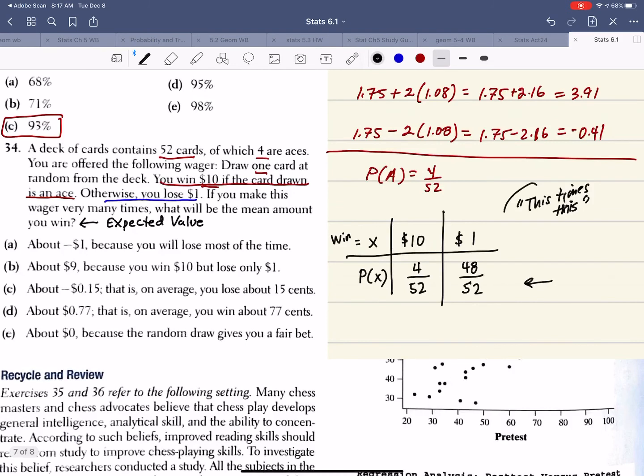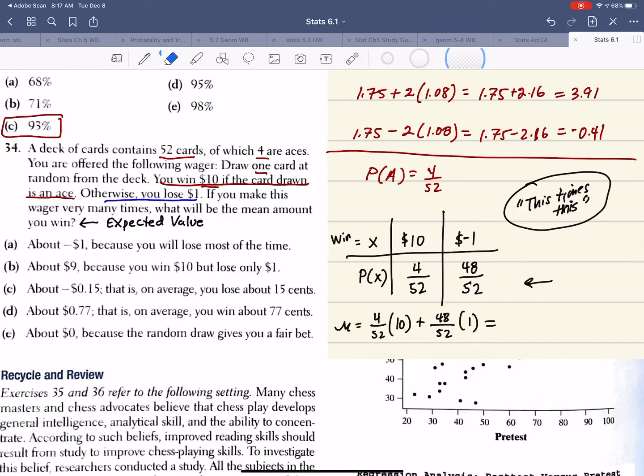So now I'm going to use my formula for the expected value. My expected value would be 4/52 times 10 plus 48/52 times 1. And I get, oh, be careful here. I lose $1. So that's very important, isn't it?